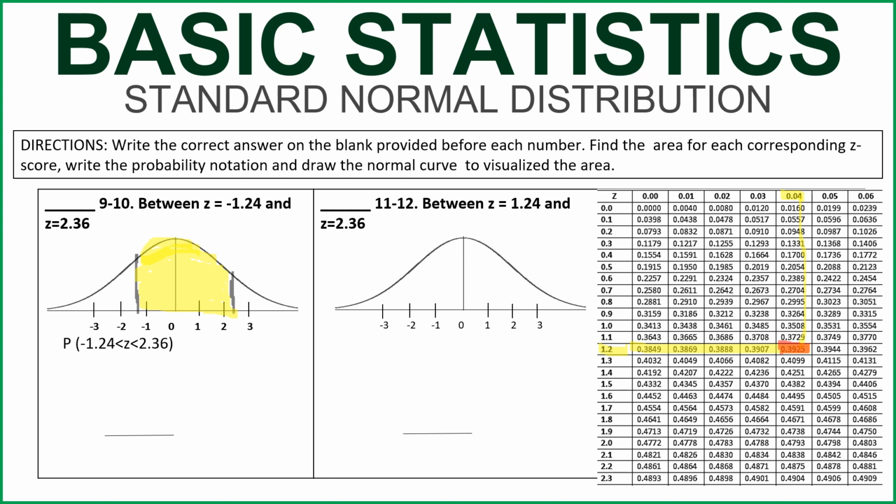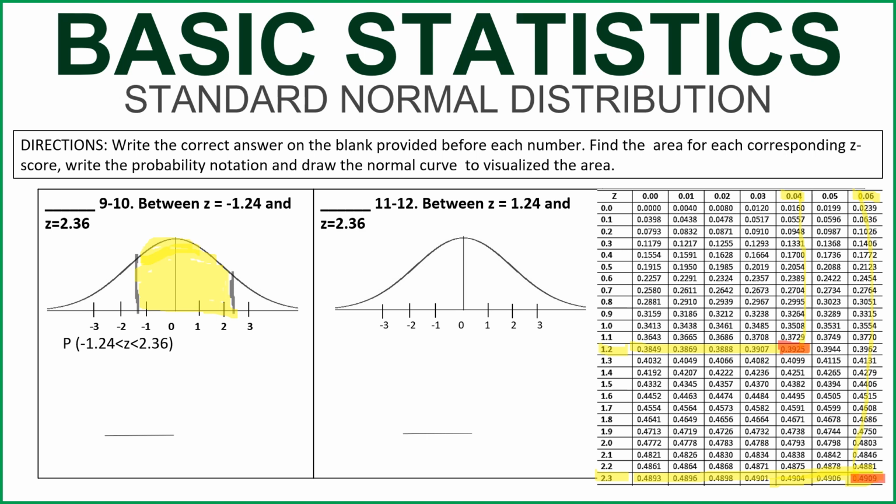And for the area of 2.36, we determine the first two digits, which is 2.3, and the last digit, which is 0.06. And then we get the intersection. Therefore, the area of 2.36 is 0.4909.